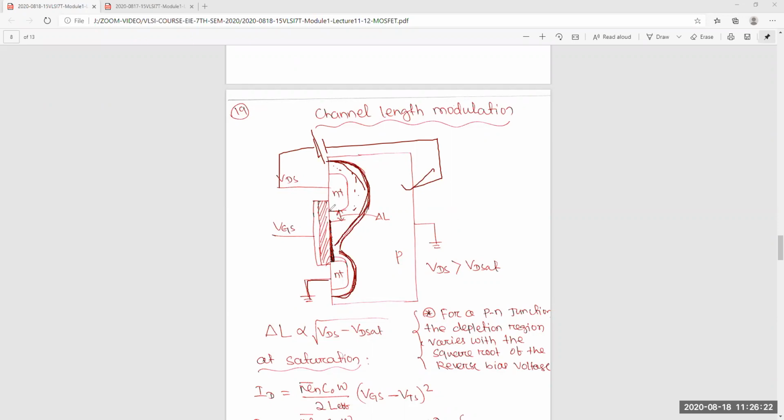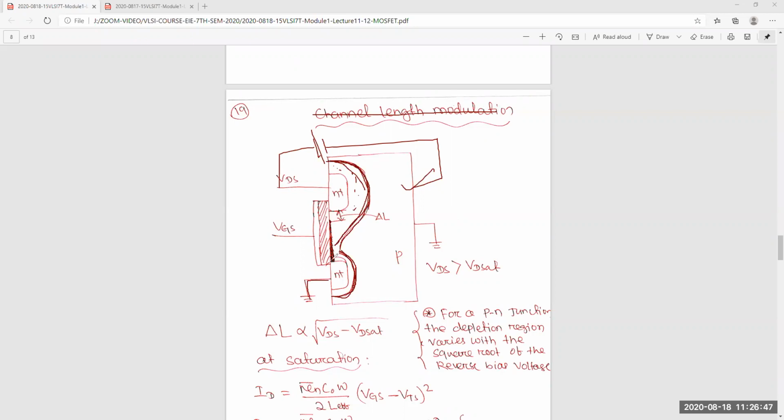Means channel length will decrease. What is the channel? Channel means the pile of electrons, a sheet of charge. So if there is no charge, that means the channel is decreasing or not. So that's why we are saying this is channel length modulation.